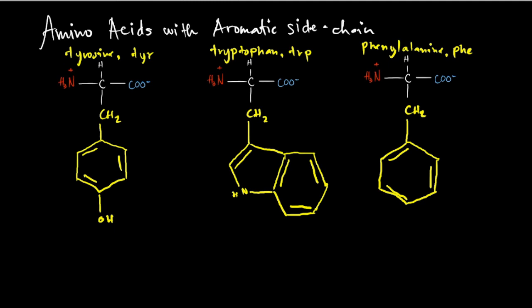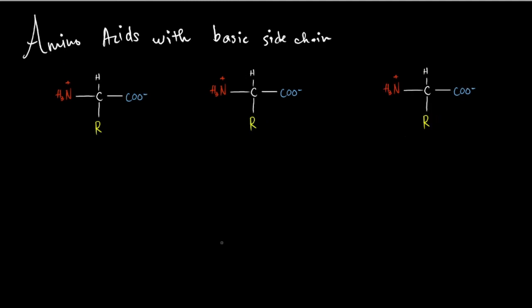Okay? So ang next na yata natin ay those amino acids with basic side chains. So by basic, we have some base here. So for those basic, we have the arginine, which is abbreviated as ARG. Then we have here our lysine, which is abbreviated as LYS.